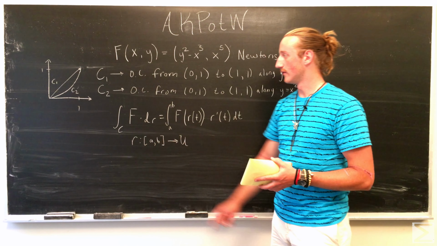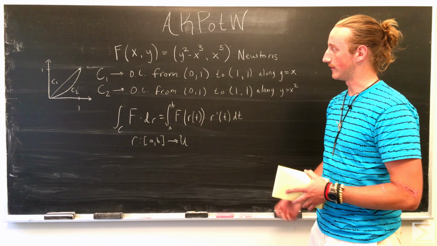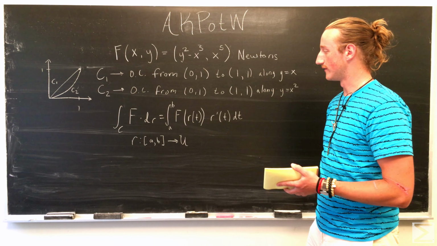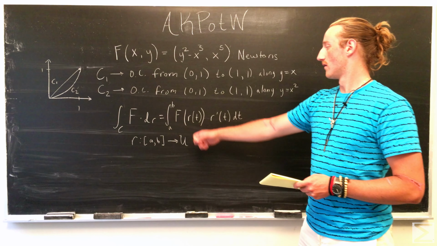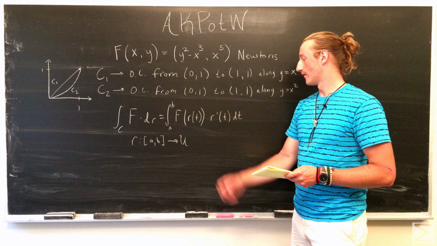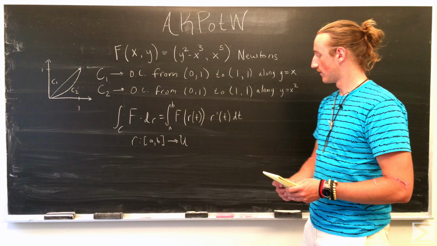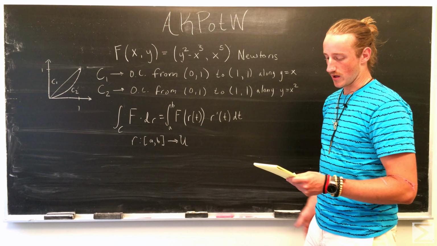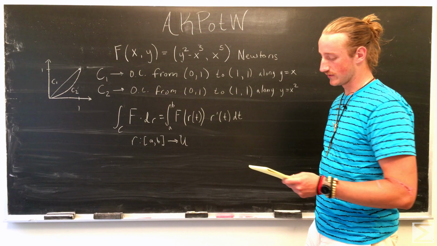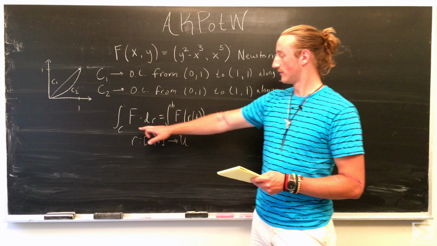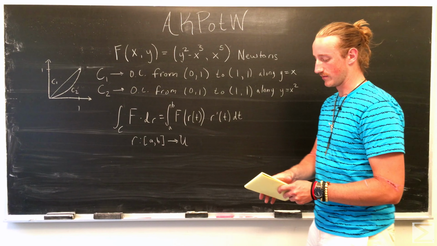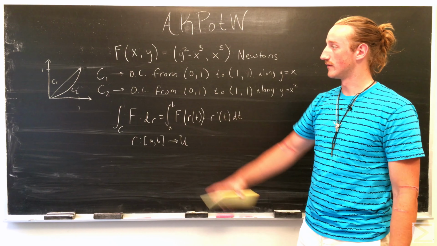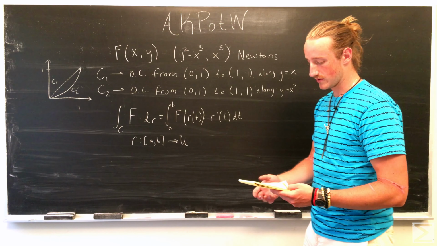We'll use r to parameterize the curves C1 and C2, and this is just f of r of t times the derivative of r of t. Since f is a force field, this integral calculates the work done by f along the oriented curve C.